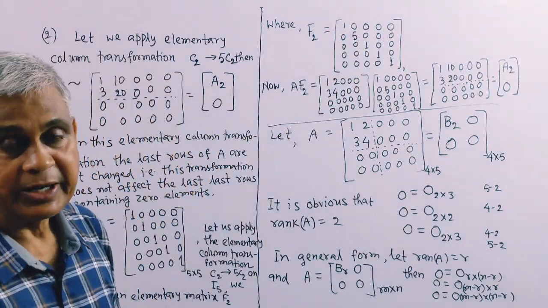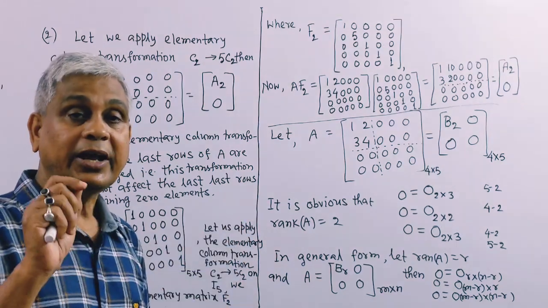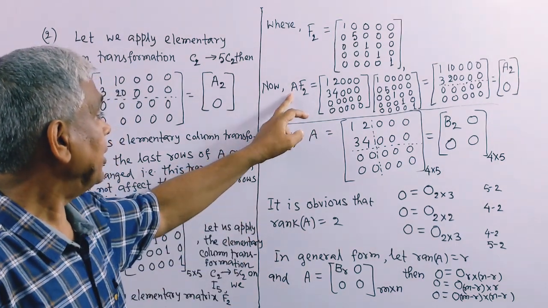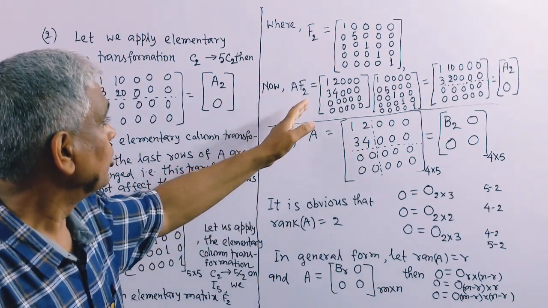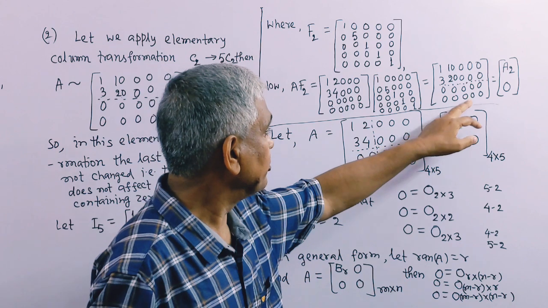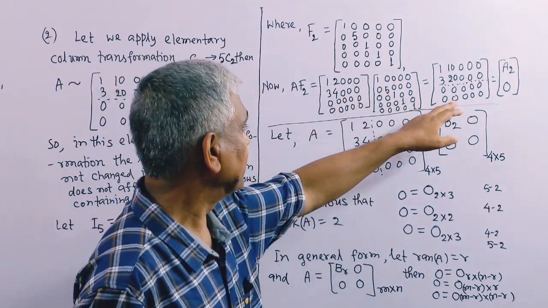Now we post multiply this elementary matrix. We write F2 after A, not before A. And AF2 will be this matrix. We multiply A and here F2, and we get this result.